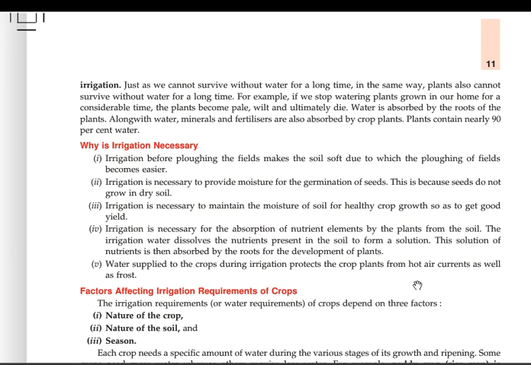So, if we irrigate the field, it absorbs the hot air in water and maintains the surrounding environment humidity, which is essential for the growing crop.